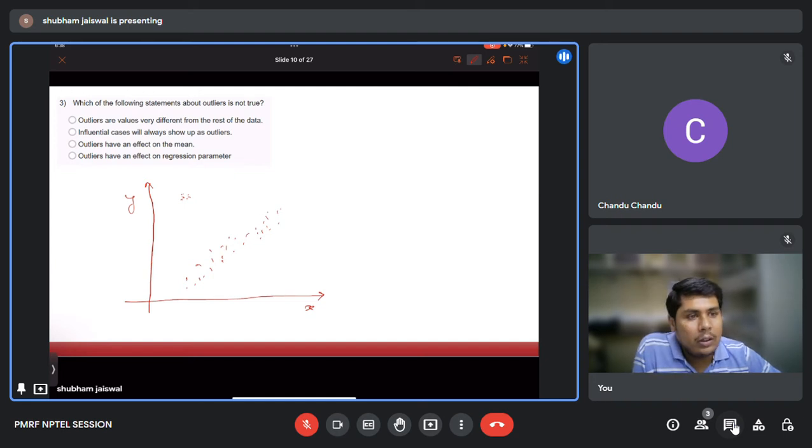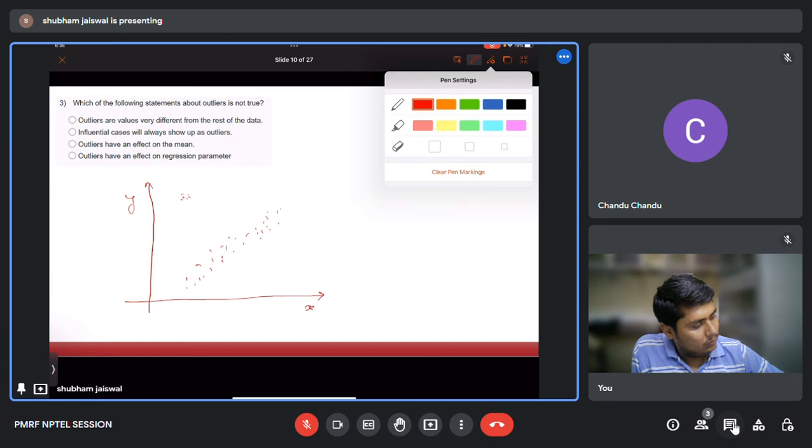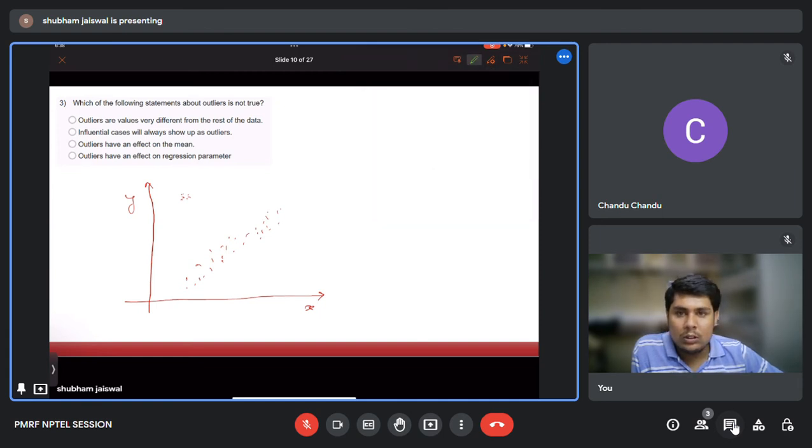Yeah, what do you think, Mr. Chandu? So the first option they have given is that outliers are values very different from the rest of the data. Yeah, it's true because it's the definition of outlier.